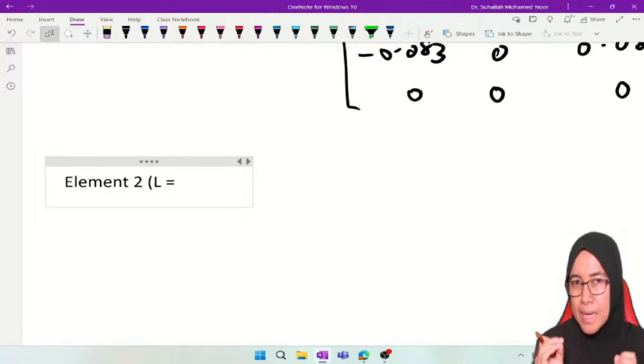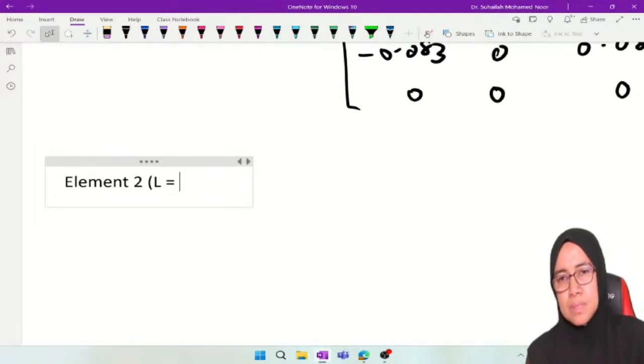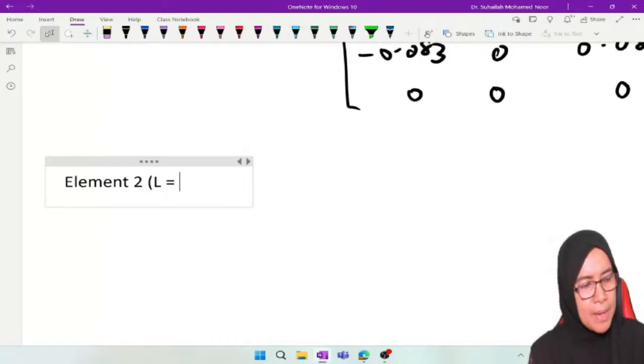Can somebody tell me what is the length? If 3 and 4, we have 5. If 5 and 12, we have?